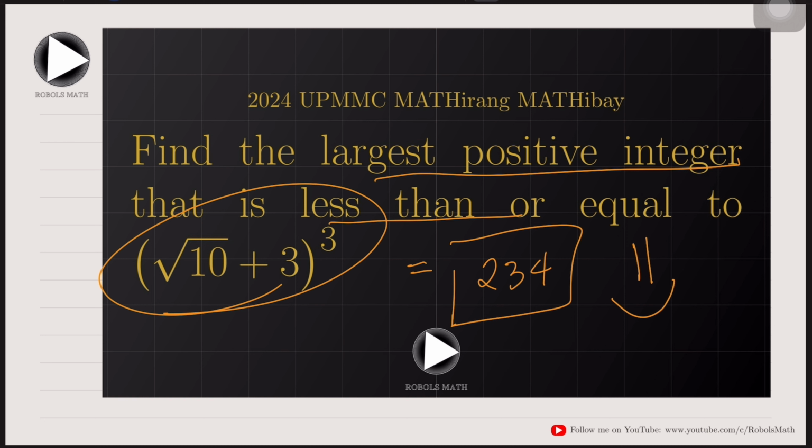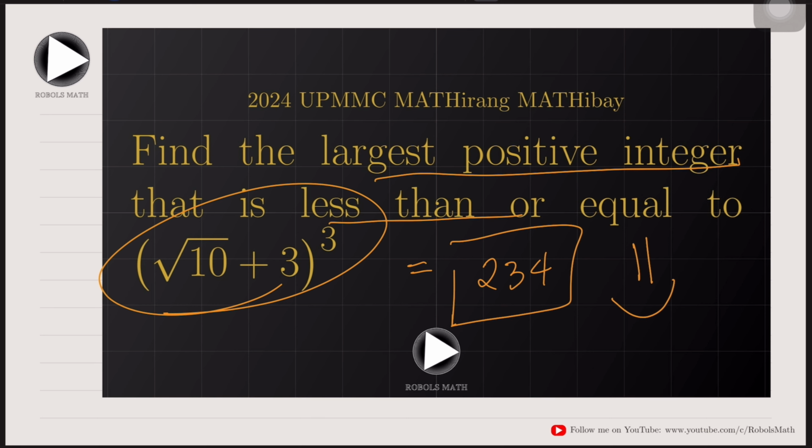I'm not sure about you, but I find this method very cute, very elegant, because as it is, it doesn't look like we need algebra to solve this one. But apparently, we can use algebra to find this value.